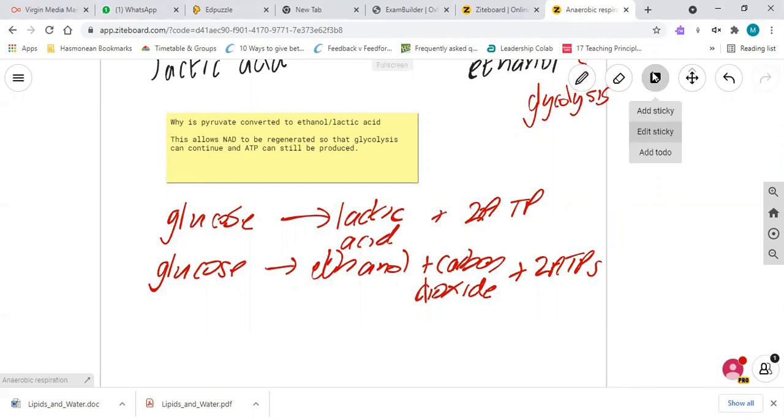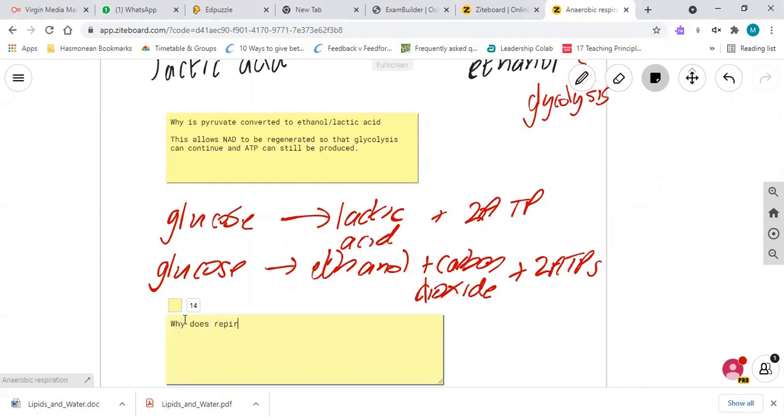Okay, the other question they might ask is, why does anaerobic respiration only involve glycolysis?